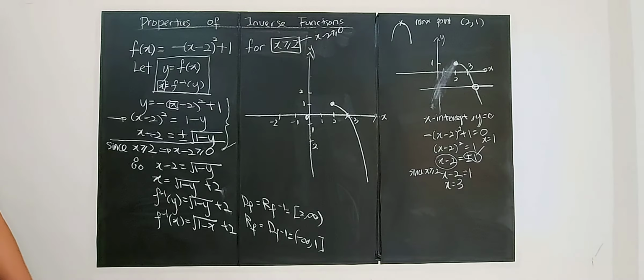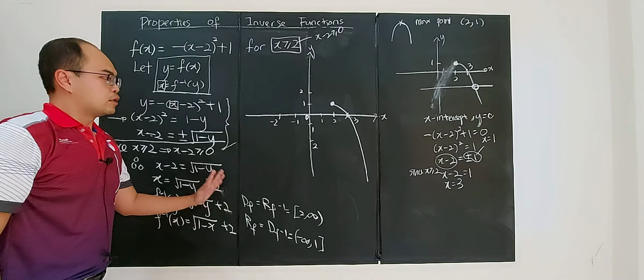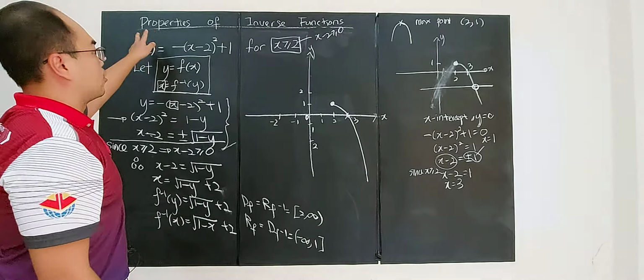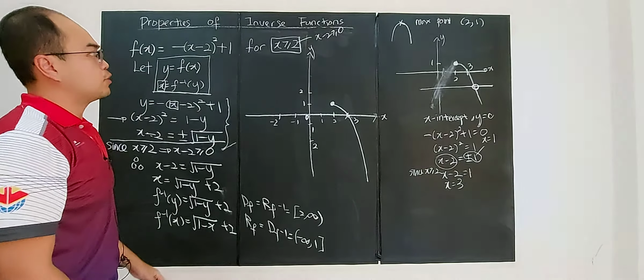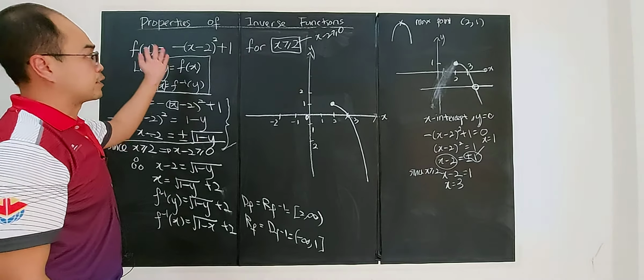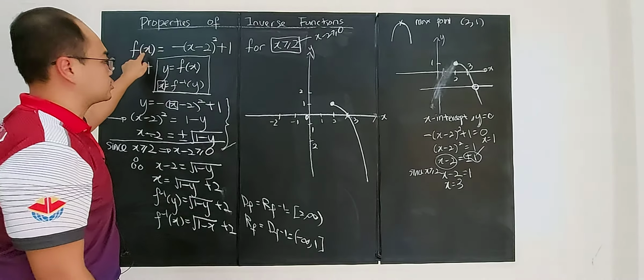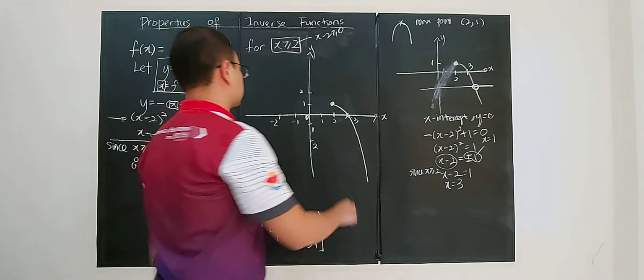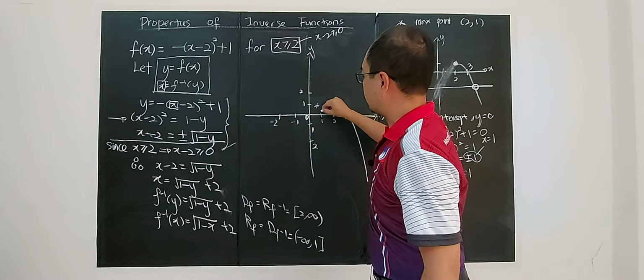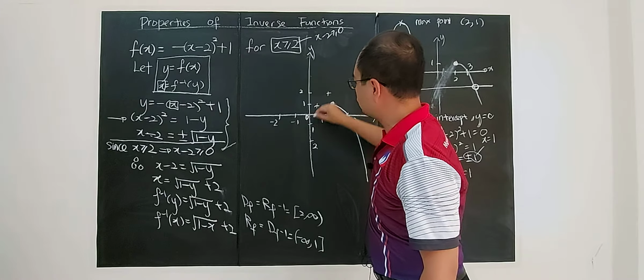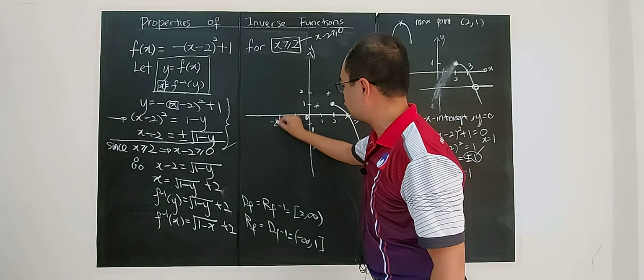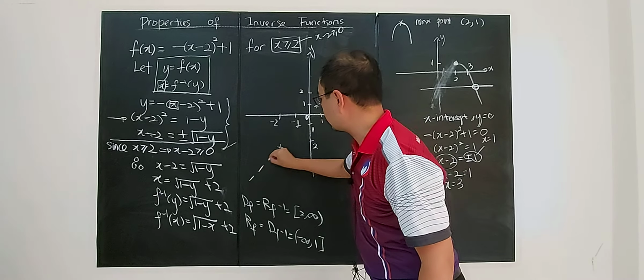If you already understand the concept of inverse functions and the graph of an inverse function, the function and its inverse are always symmetrical about the line y equals x. Y equals x means 1, 1, 2, 2, negative 1, negative 1, negative 2, negative 2. You sketch a line here.